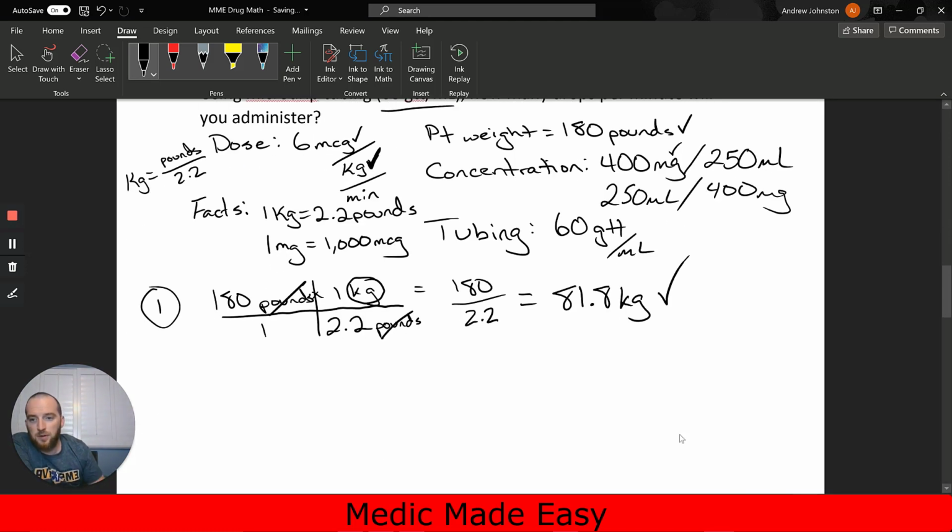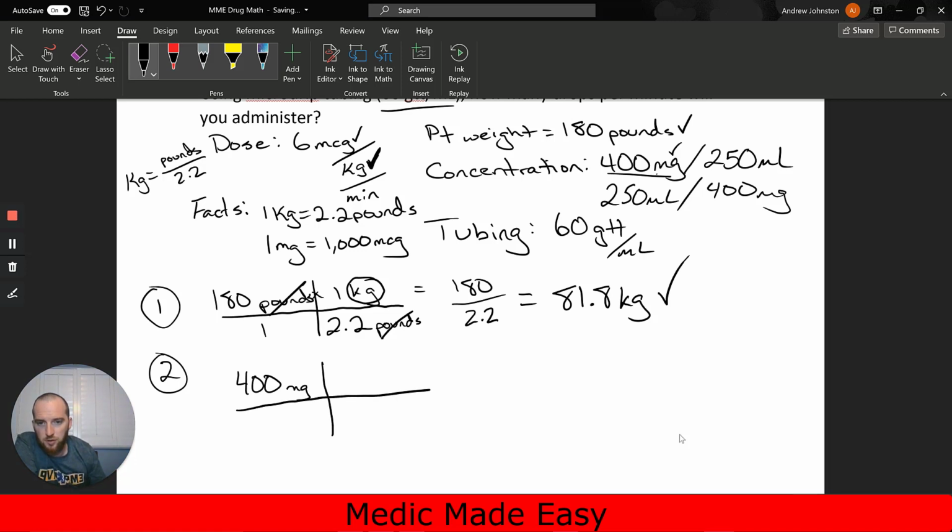Step number 2, I like to make sure that I get my other units addressed. I have my 400 milligrams of medication as my concentration, but I have micrograms for my dose. So I need to convert that 400 milligrams to micrograms. So 400 milligrams. I'll make my little boxes.